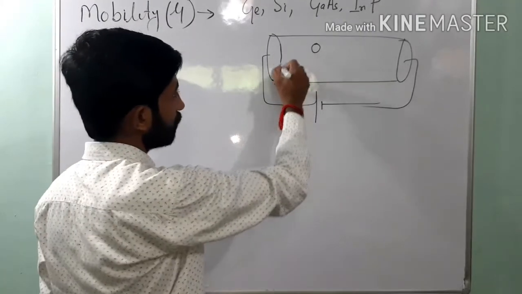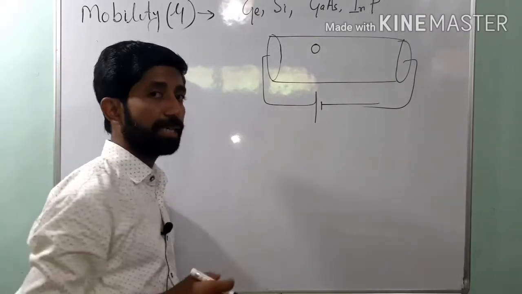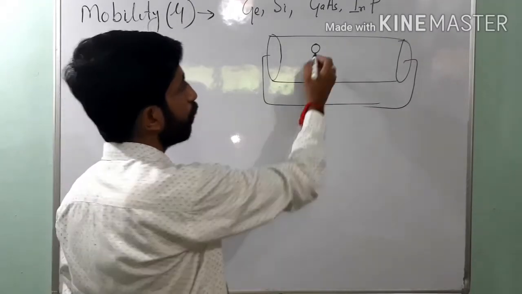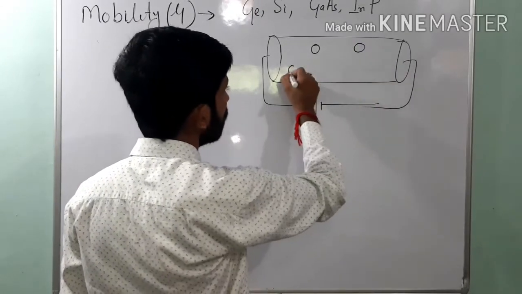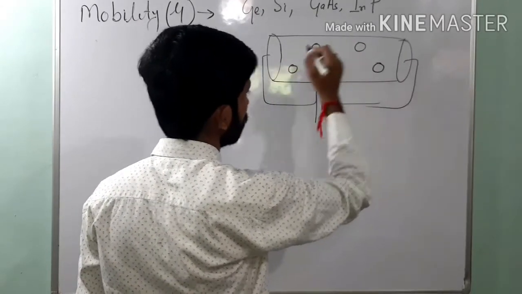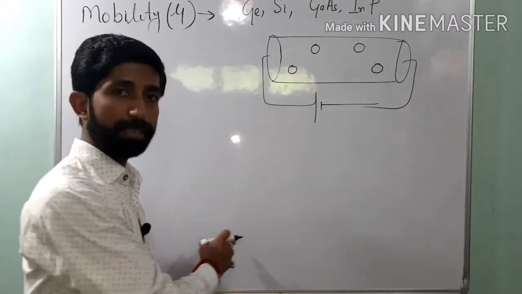So in a semiconductor, if current is carried, holes are the vacancy of electrons, so the bubbles are showing the holes. So what happens to these holes when the voltage is applied?